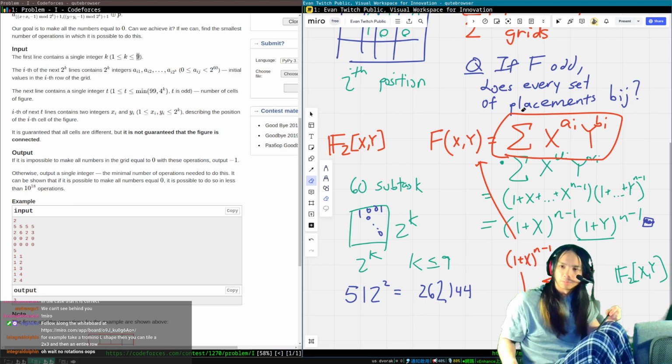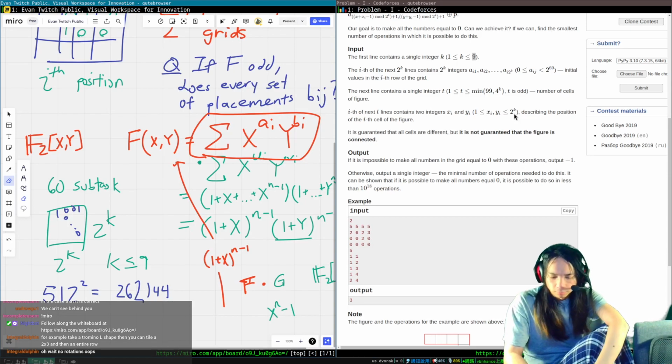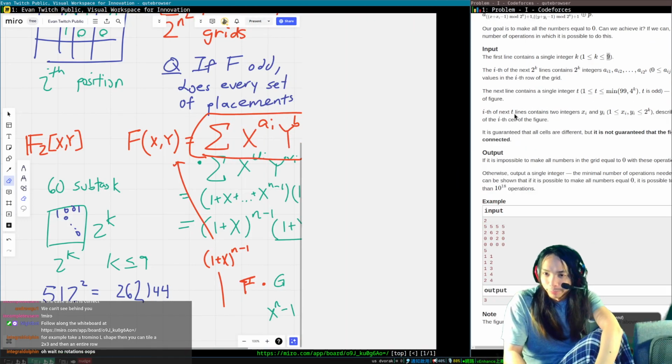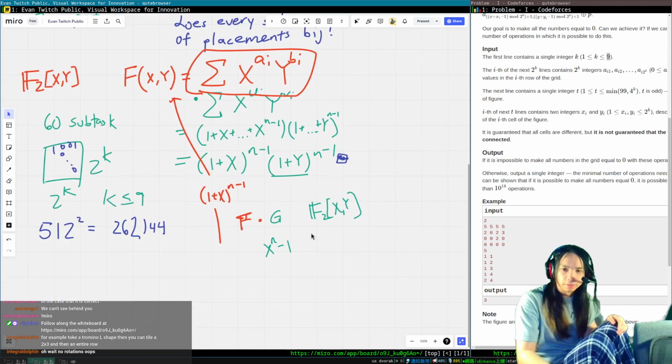Oh, sorry, my head's blocking that. We don't really need the problem statement anymore, I think. Yeah, so I think the idea is that you can do this argument at this level of divisibility, where if f is a generating function for this and g is also, then this statement should be true.